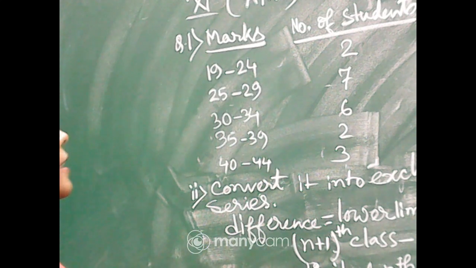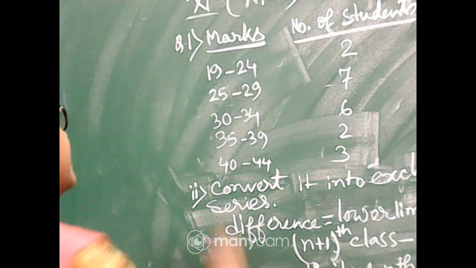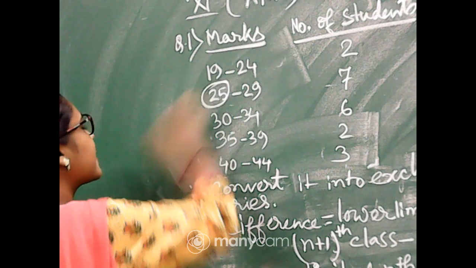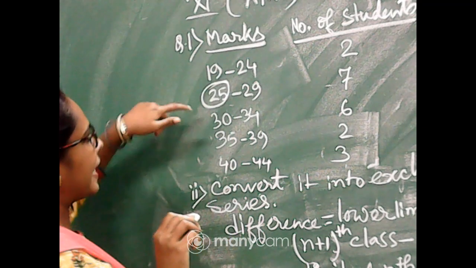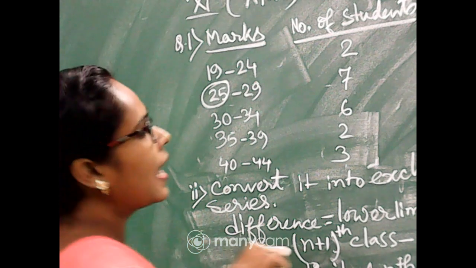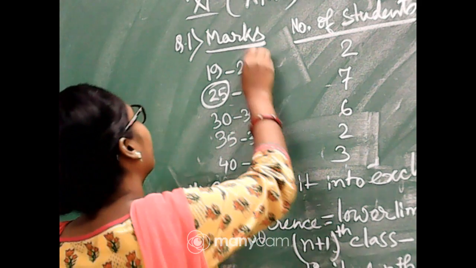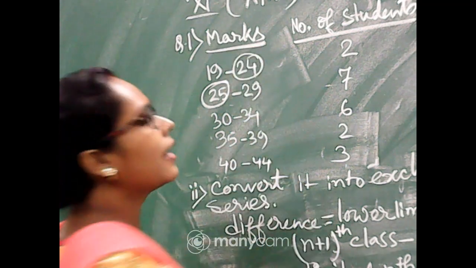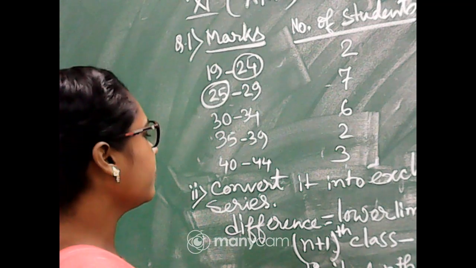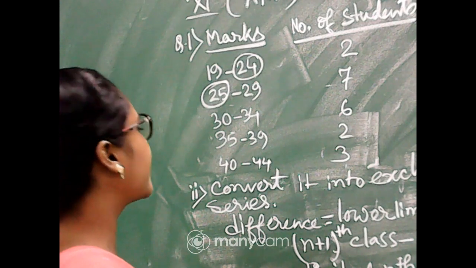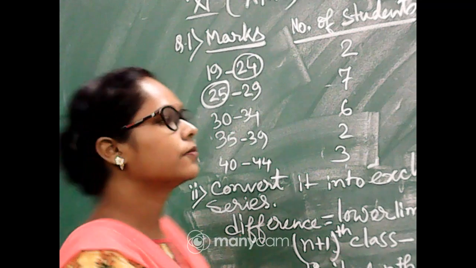So, here 25 is the lower limit of the n plus 1 class and 24 is the upper limit of the nth class. What will be the difference between these two?